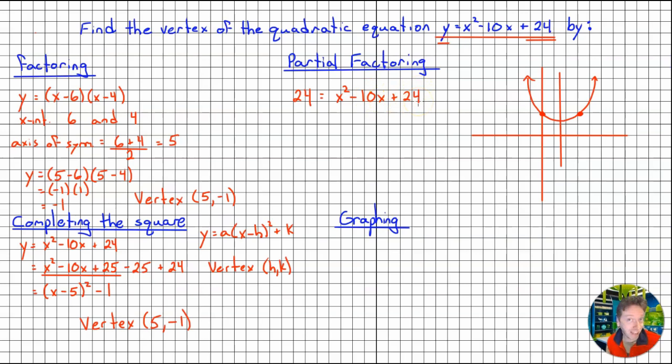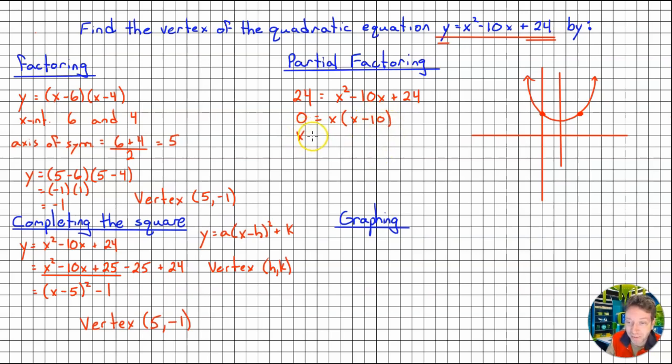Now I can solve for x, because I'm going to get two values for x that will give us the y value of 24. Now we know one of them is going to be 0, but we want to find the other one. So if I subtract 24 from both sides, we get 0 equals x squared minus 10x, where we can factor out an x, and we're left with x minus 10.